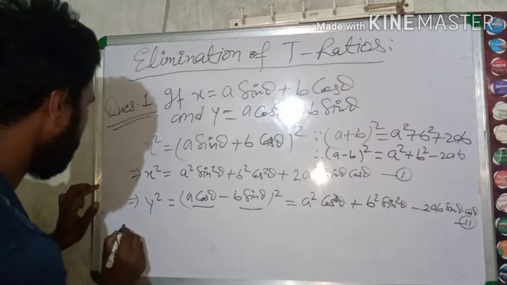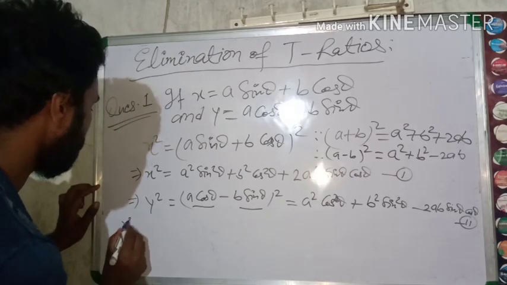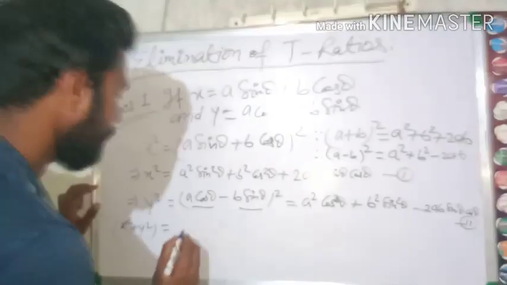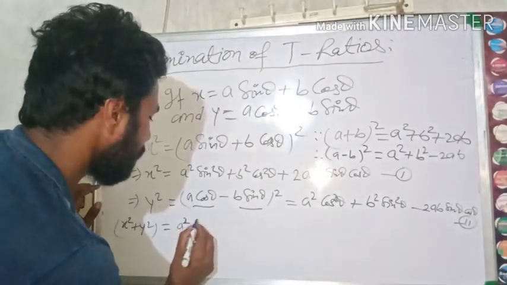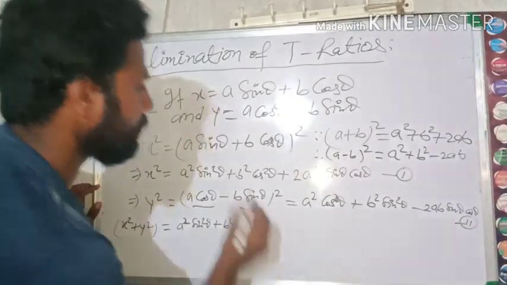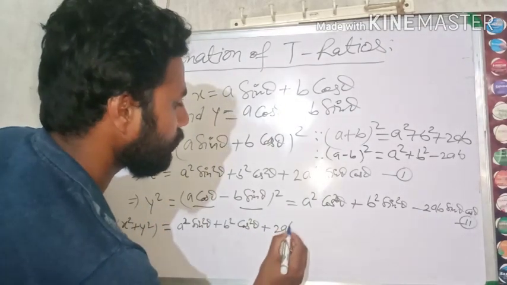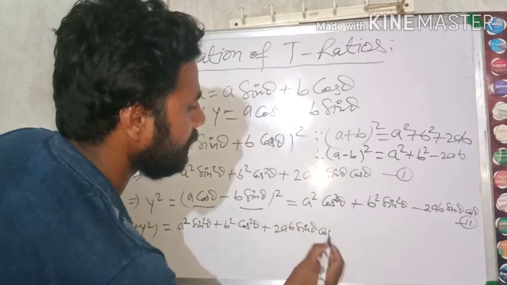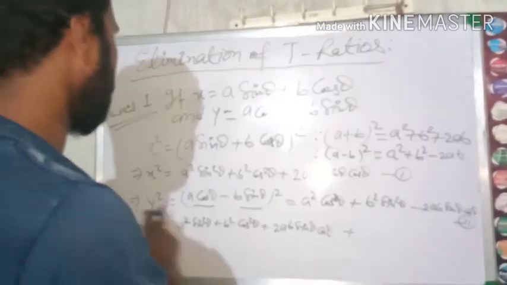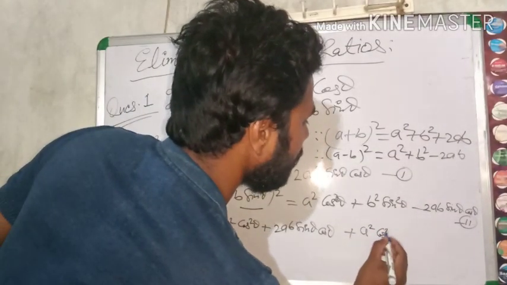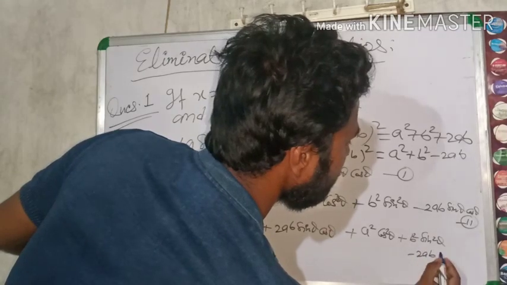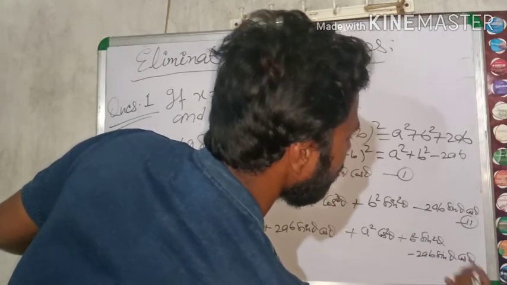Then we have x square plus y square is equal to, putting the value of equation first and second, a square sin square theta plus b square cos square theta plus 2ab sin theta cos theta, plus y square, from equation second, y square is equal to a square cos square theta plus b square sin square theta minus 2ab sin theta cos theta.